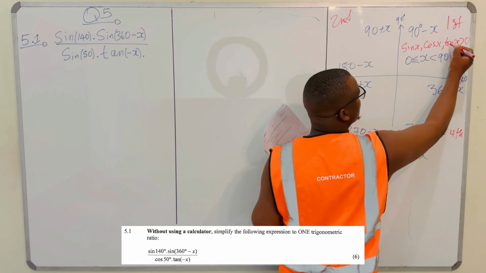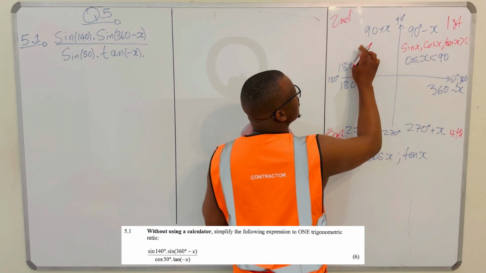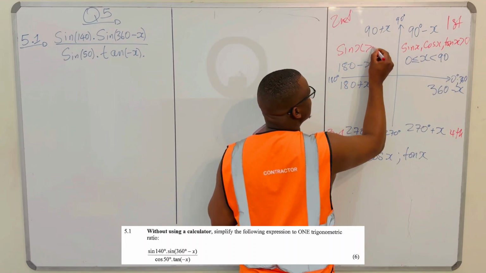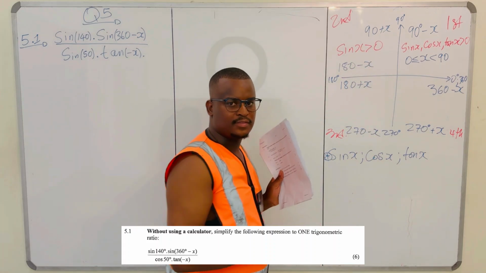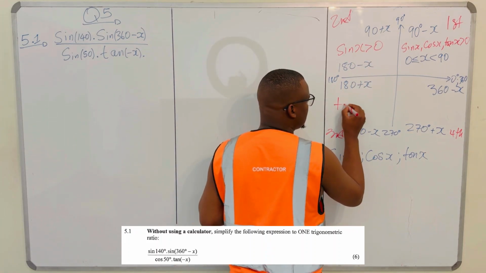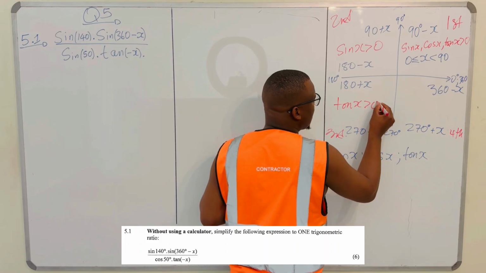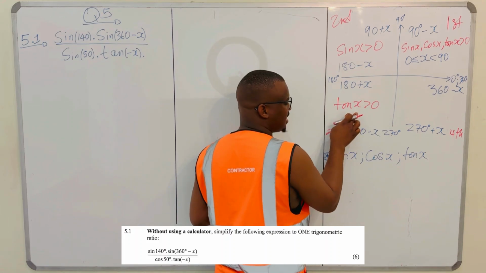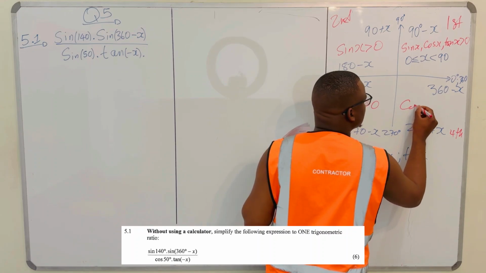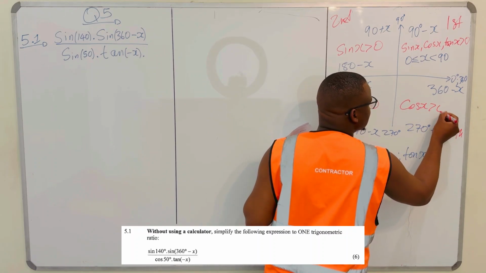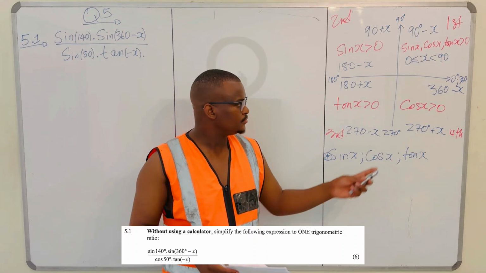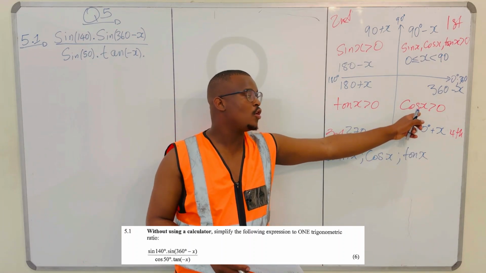On the second quadrant, only one function is positive: the sine of x is positive, the rest are negative. On the third quadrant, the tangent of x is greater than 0, the others are negative. On the fourth quadrant, the cosine of x is greater than 0, and the other two ratios are less than 0.